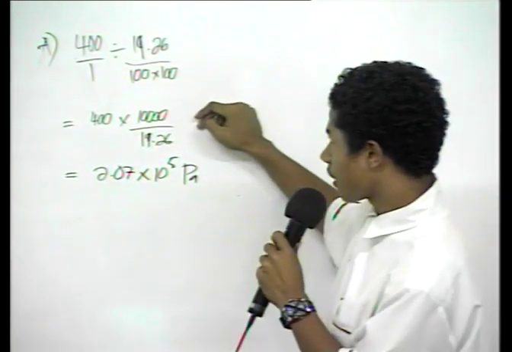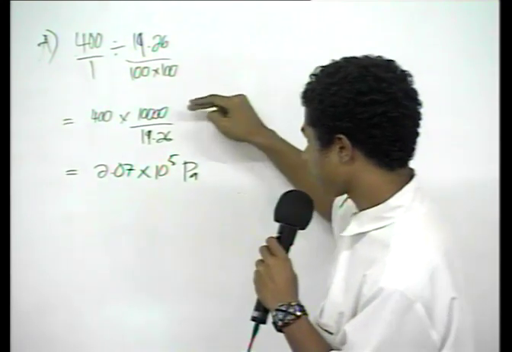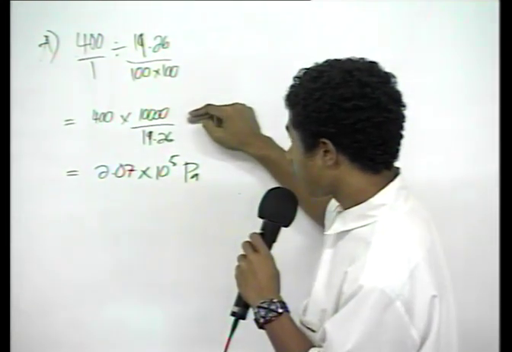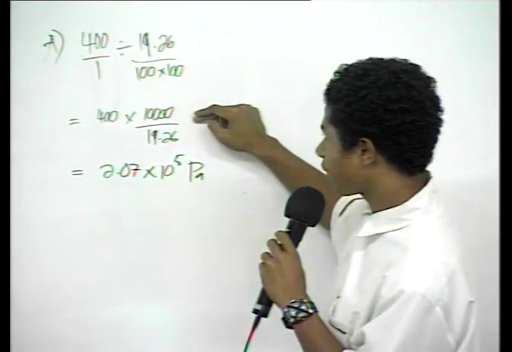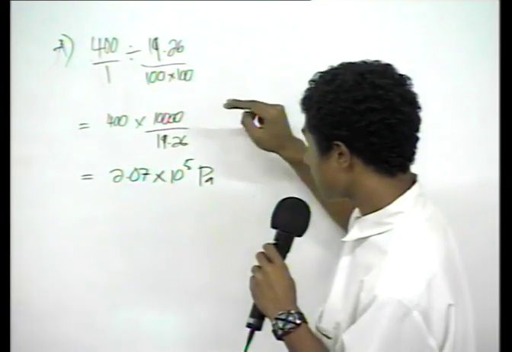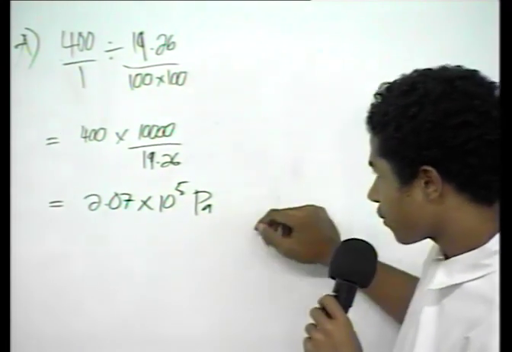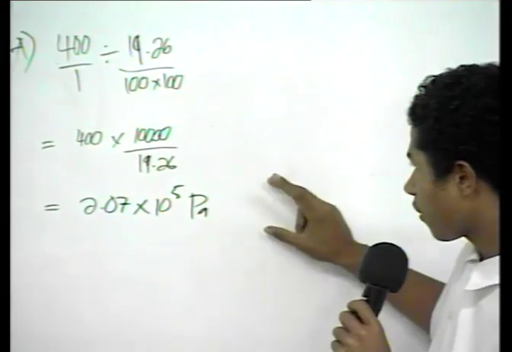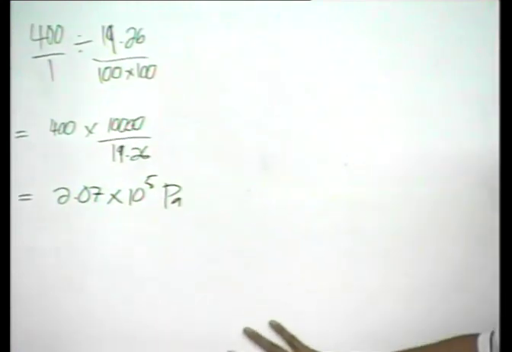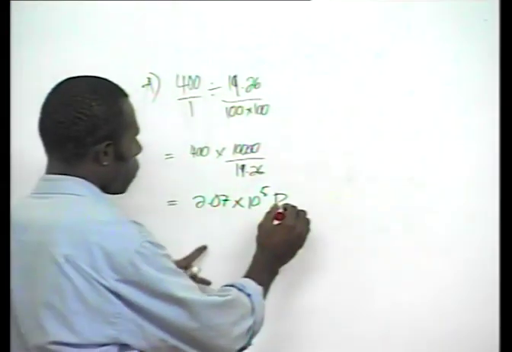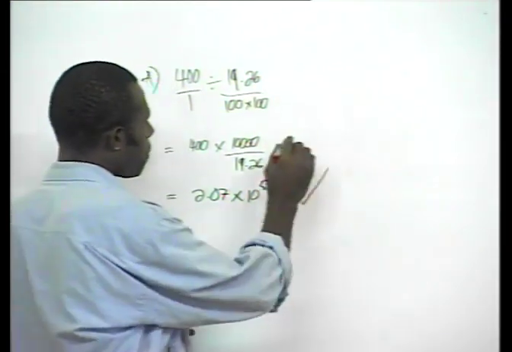Then I came up with 400 times 10,000 on 19.26, and the answer is 2.07 times 10 to the power of 5 pascals. Okay, very good. So the answer is 2.07 times 10 to the 5 pascals.